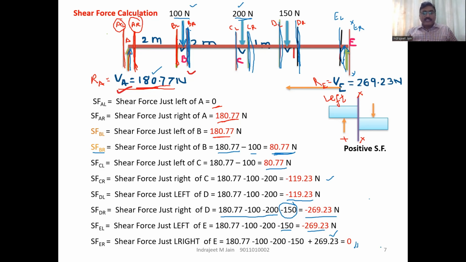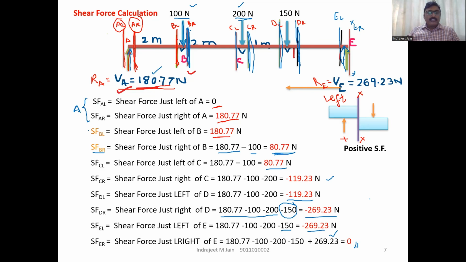Now, how to draw the shear force diagram from this calculation? We got the ordinates of the points. This is point A, just left and right.